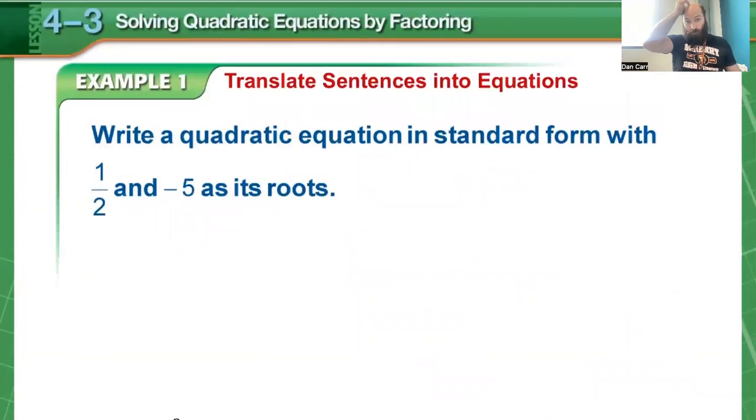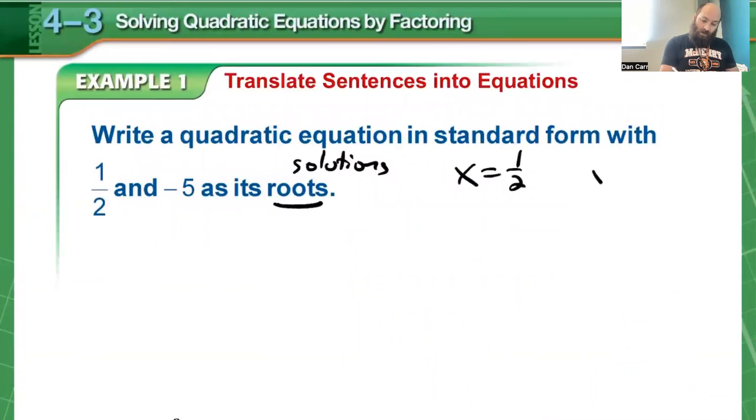Now we're going to work backwards a little bit. Write a quadratic equation in standard form with 1/2 and -5 as its roots. So roots is another name for these solutions. How that looks, remember, what we're saying here is my final answers were x equals 1/2, x equals -5. From the previous problems, we saw that before I got this, this was equal to 0.